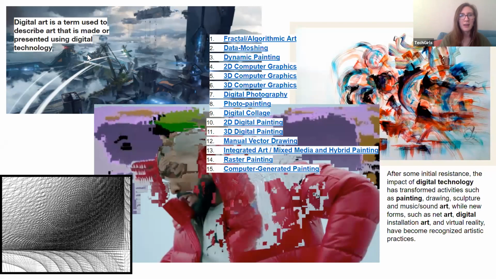With that being said, with actual digital painting, you're usually using tools that are supposed to replicate real-life painting. You have a brush tool or a pencil tool, and you're somewhat mimicking the real-life painting experience. And you can have different kinds of brushes that do different kinds of effects.